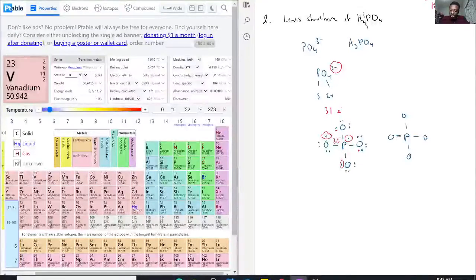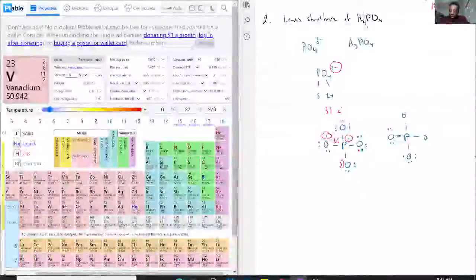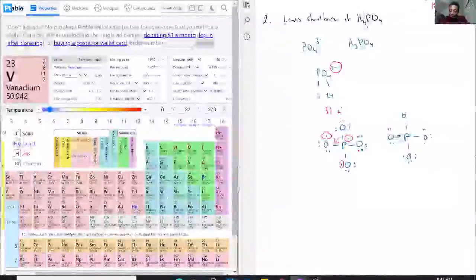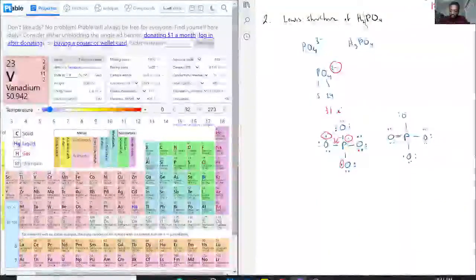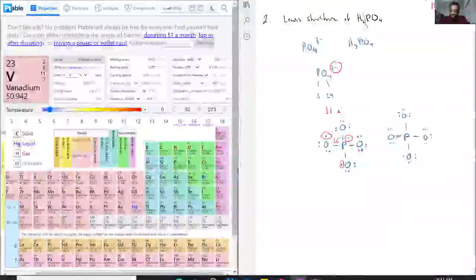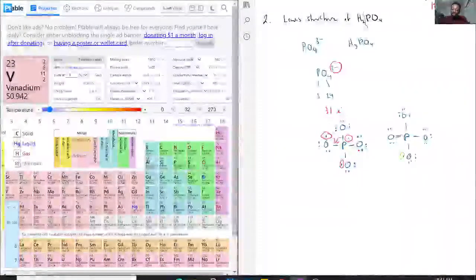And then we have the double bond right here. Okay, and we have the oxygen with this one lone pair. All right, and that is what we have currently.